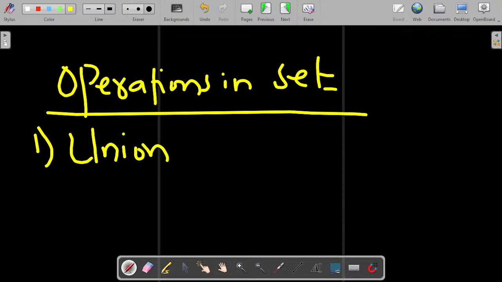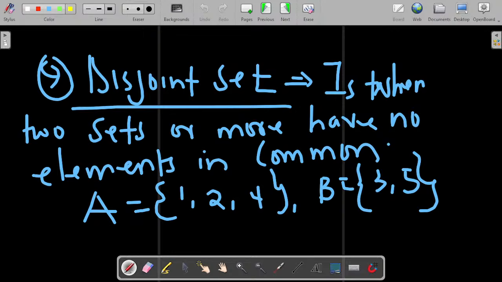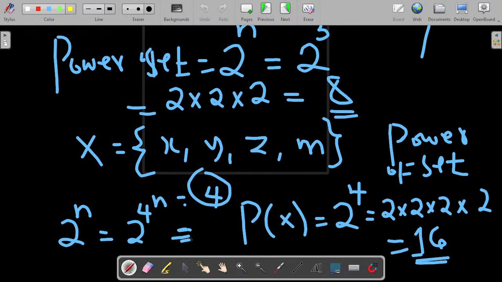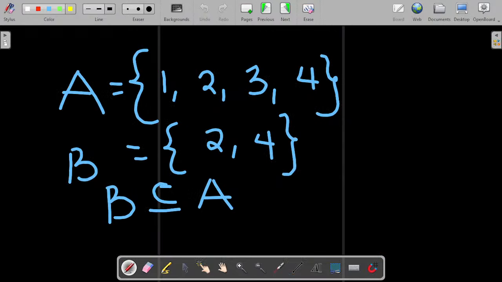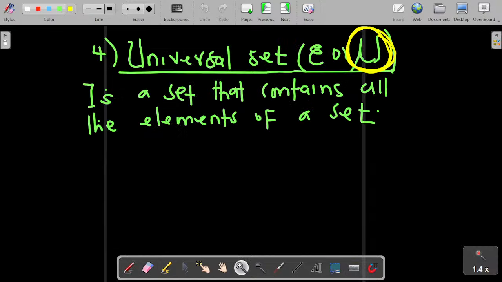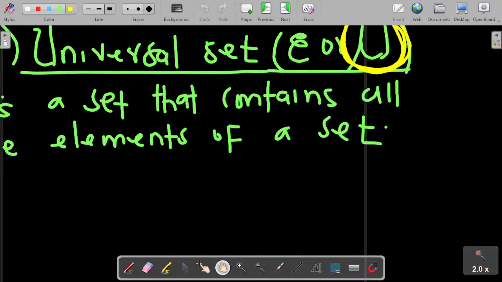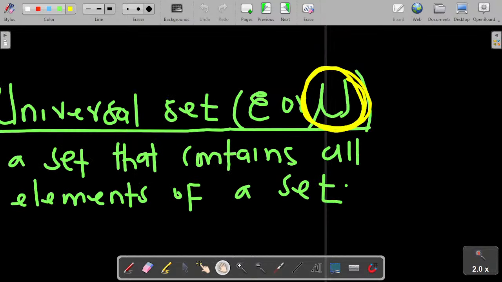Union. This is the symbol for union. It's like a U. Remember I told you earlier that we might see something later. Look at it here. This one is for the universal set.